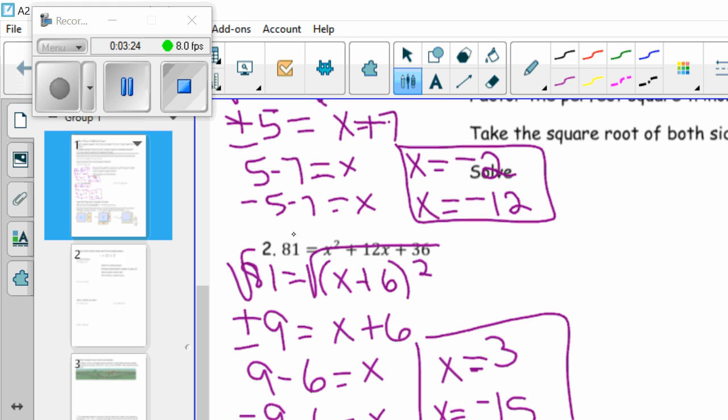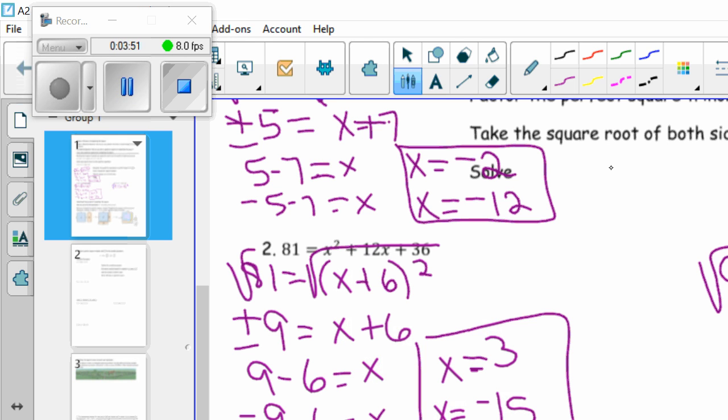All right, let's look at another one of those. 9 equals x squared minus 16x plus 64. Again, I have to recognize the perfect square trinomial. If I take the square root of 64, it's 8, and 8 times 2 is 16, so this is a perfect square trinomial. So it factors: 9 equals parentheses x, and this time, because it says minus 16x, it's going to be minus 8, quantity squared.